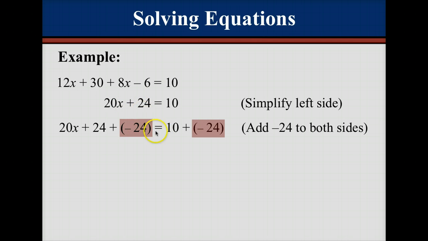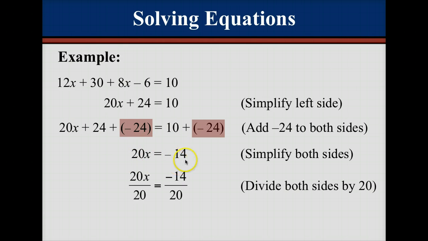Whatever you do to one side of the equation, if you do the same thing to the other, it keeps the equations equal. That's going to leave us with 20x equals negative 14. Remember, you do not subtract 20 because this is being multiplied. Let's divide both sides by 20 and then simplify. Both of these are divisible by 2, so our answer is negative 7/10.